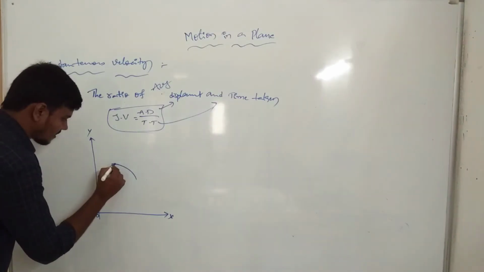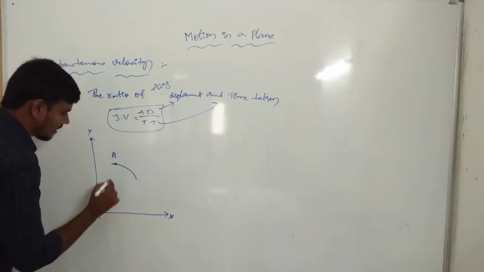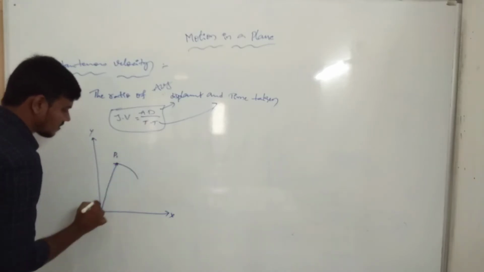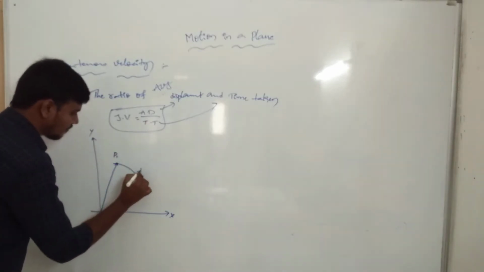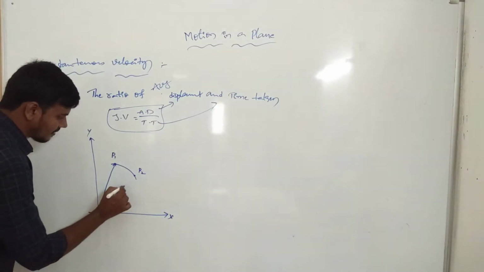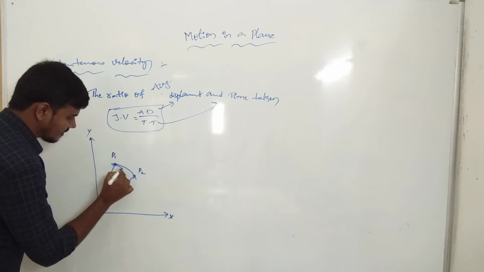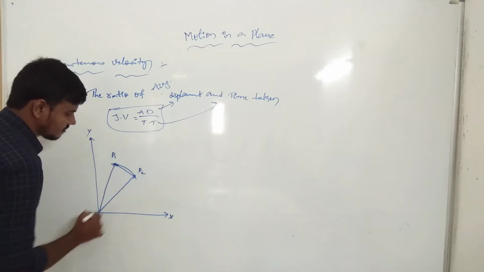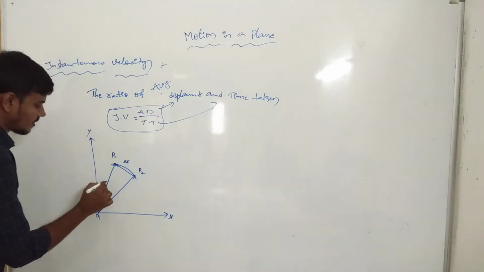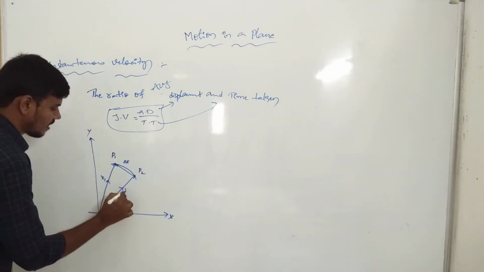This is the first position, P1. Now this one is the P2 position. Now this is delta R, with R1 and R2.